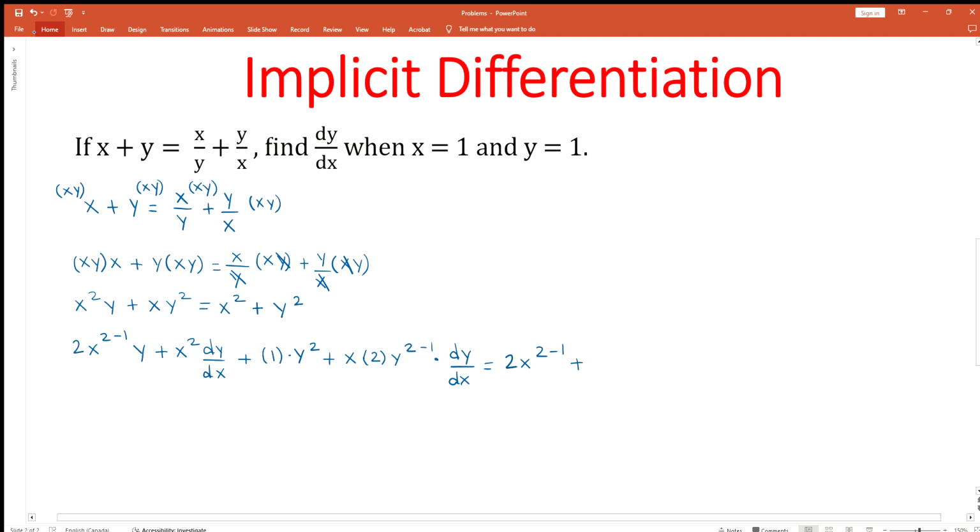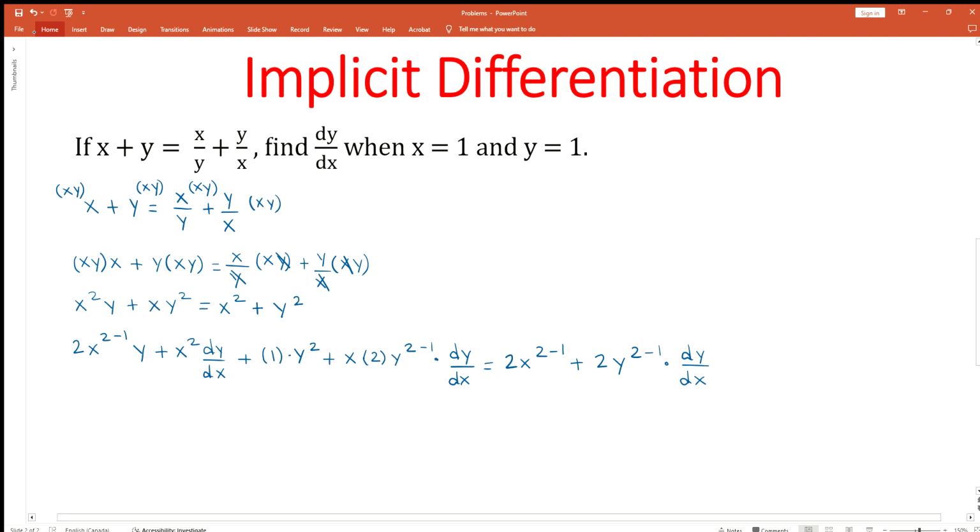As per chain rule, we start with the derivative of the outer function. We have to use power rule. We move the exponent 2 to the front of the term and subtract 1 from 2, times the derivative of the inner function y. The derivative of y with respect to x is dy over dx. This is the derivative of the equation.